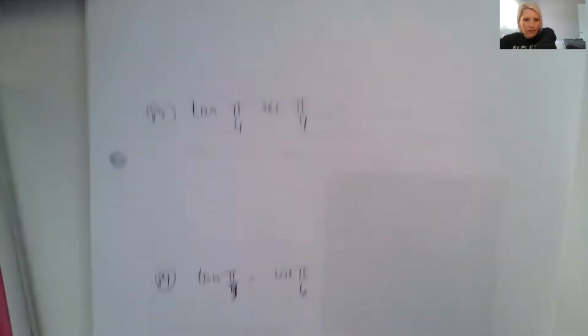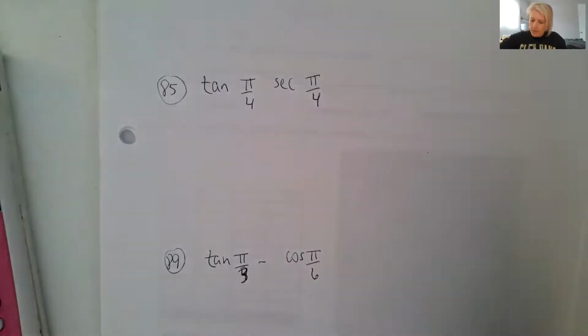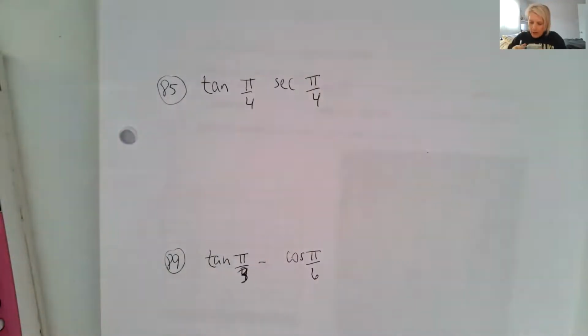So this is fine. Now 85 is multiplying the tangent of pi over 4 times the secant of pi over 4.